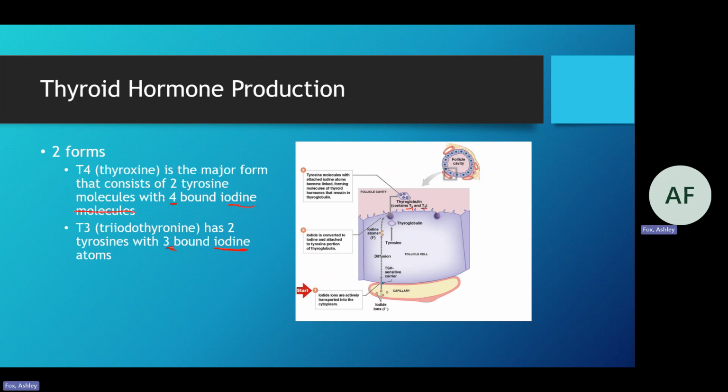Yeah, it shouldn't be molecules, it should be atoms. So the amount of iodine that you have makes it a T4 or a T3. So T4, we call it thyroxine, and that's going to be 4 iodine atoms. And T3, we call triiodothyronine, is going to be 3 iodines. That makes it the T3.